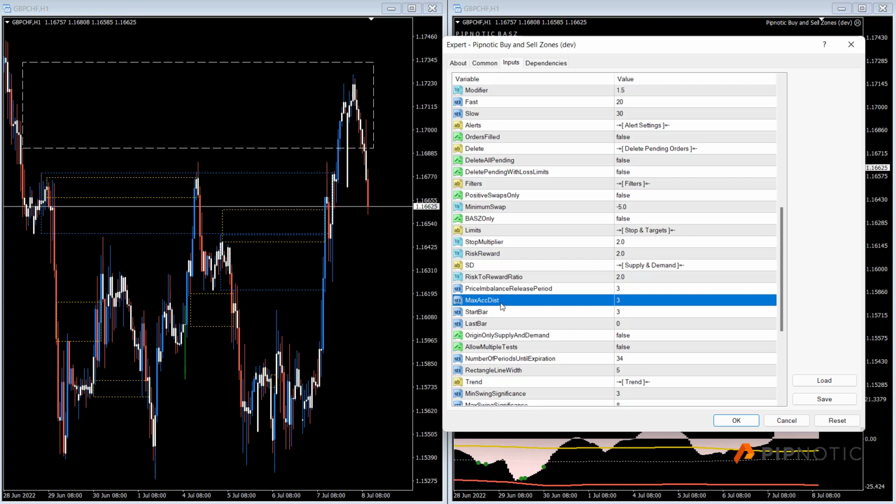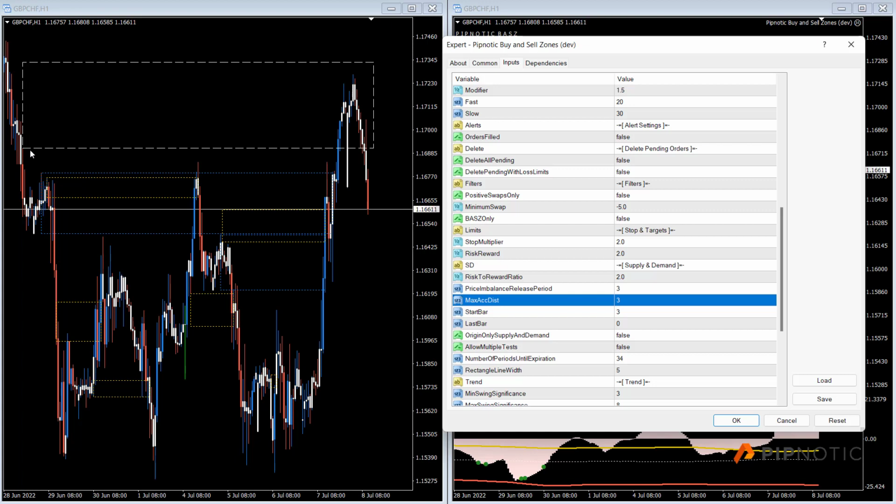So we have max accumulation distribution, maximum accumulation distribution. This is a really cool setting, and while it's an old setting, it has a different function in this build. If we find an area of supply or demand that exceeds 3 periods of either distribution or accumulation, it's going to automatically enable Slingshot Mode.